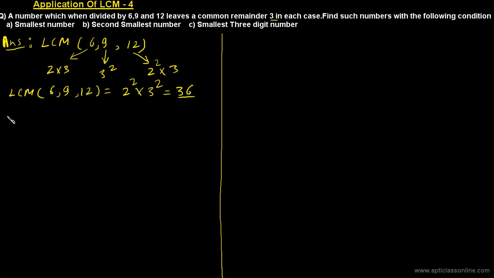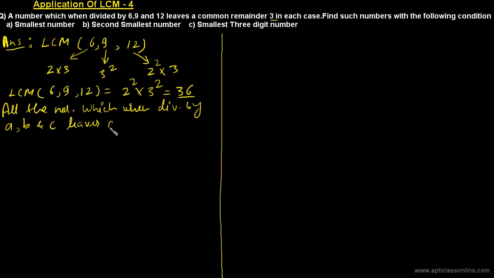We can also write it in other words: all the numbers which when divided by A, B and C leave a common remainder X in each case will be a multiple of the LCM of A, B and C plus X.